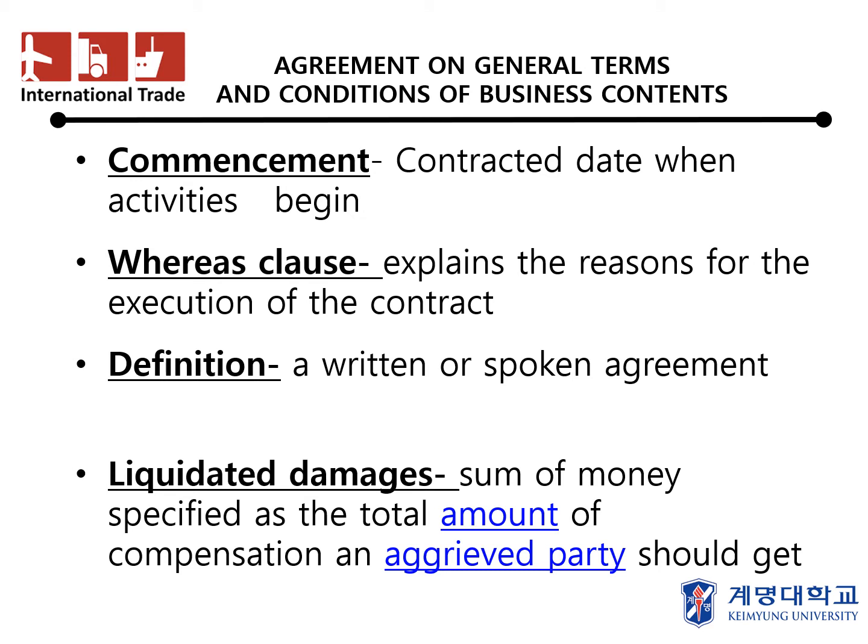It explains the contract date and when the contract will begin. When we say whereas clause, it explains the reasons for the execution of the contract, why you are binding yourself to the buyer or the seller.